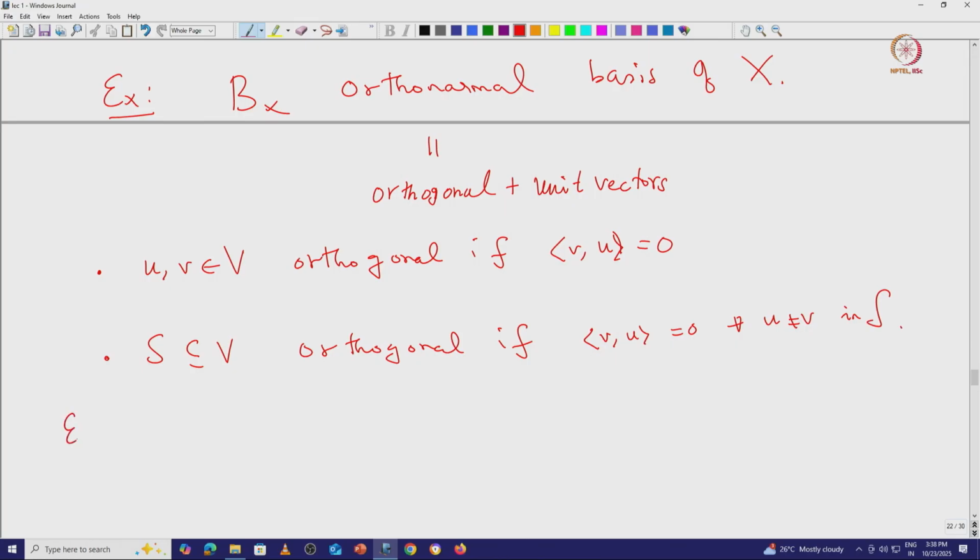And it is an easy exercise to prove that if S is a subset of V and S does not contain 0 and S is orthogonal, then that implies S is linearly independent.